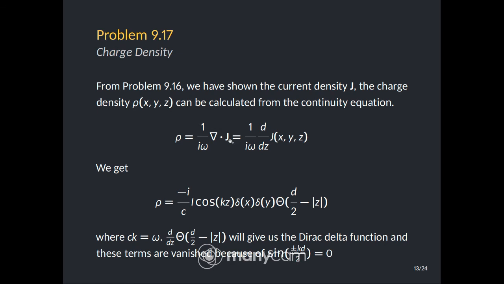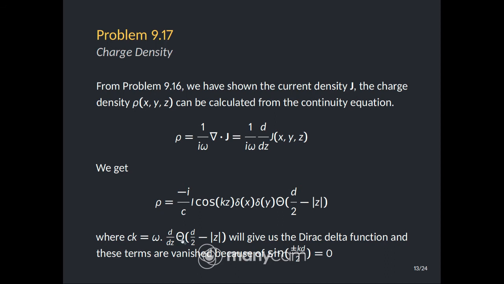And since our J only has z direction dependence, the divergence becomes the z derivative. After we calculate the derivative, we get that rho is equal to minus i divided by c times the current I times cosine kz delta x delta y and theta of d divided by 2 minus absolute value of z, where we use the dispersion relation ck equals omega.